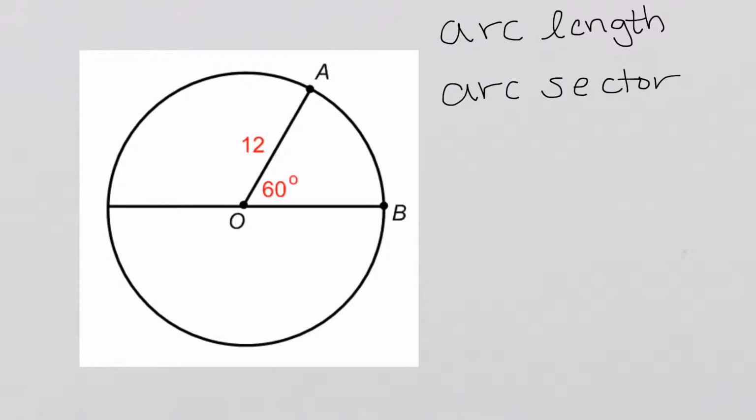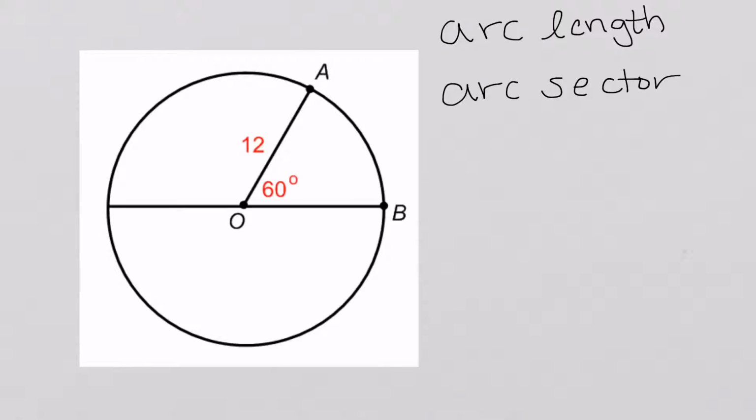The next two terms we have are length and sector. Length is simply referring to how long the arc happens to be. So if we're talking about between A and B, right here, arc length is asking us how long is it between A and B. Likewise, arc sector is referring to the area contained within that arc.